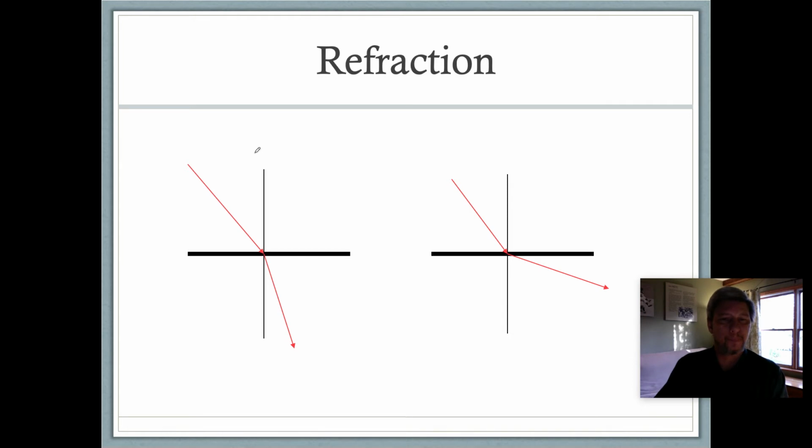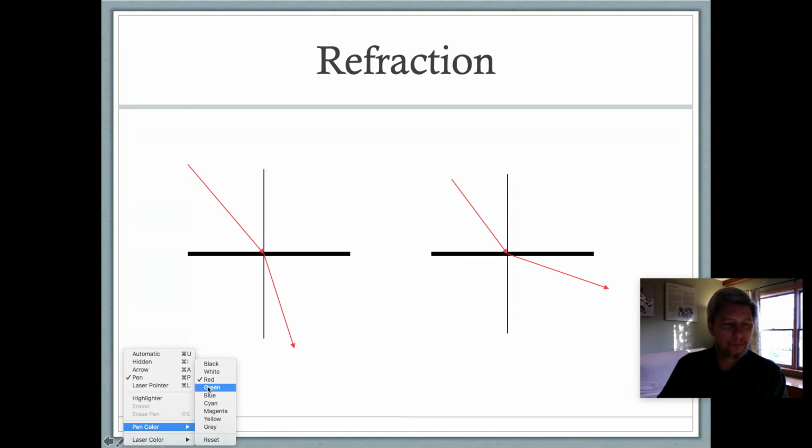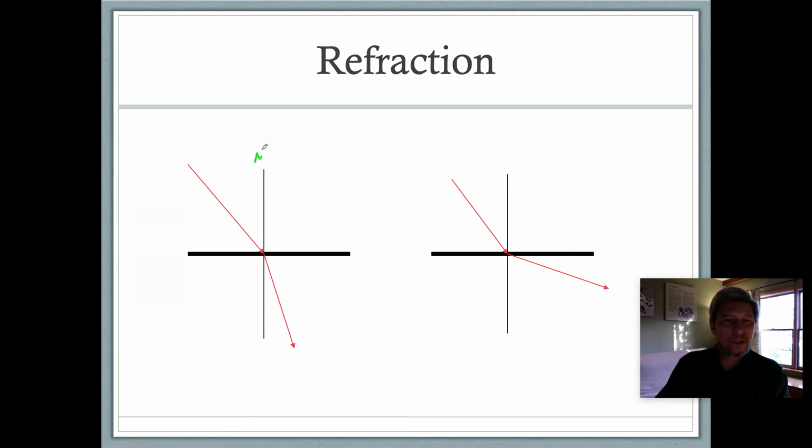So the question here is, what exactly is the difference between all of these things? Let's have a look at this. First, let's change the color of the ink. This is the normal. This is angle I, the incident angle. This is angle R, which is the angle of refraction.